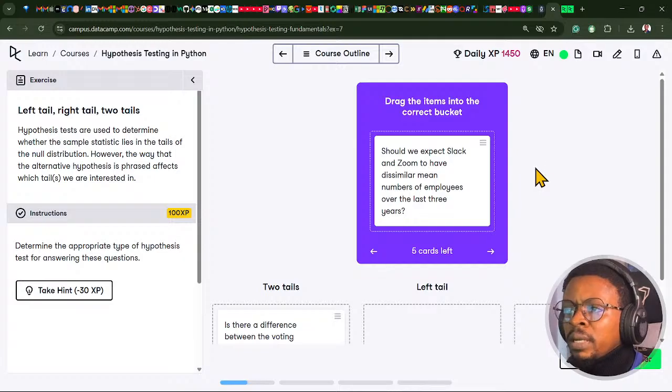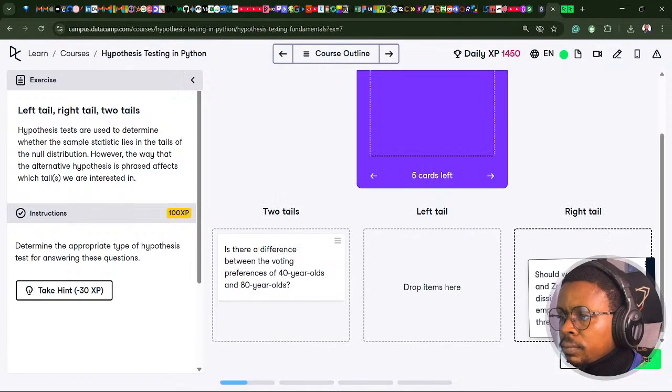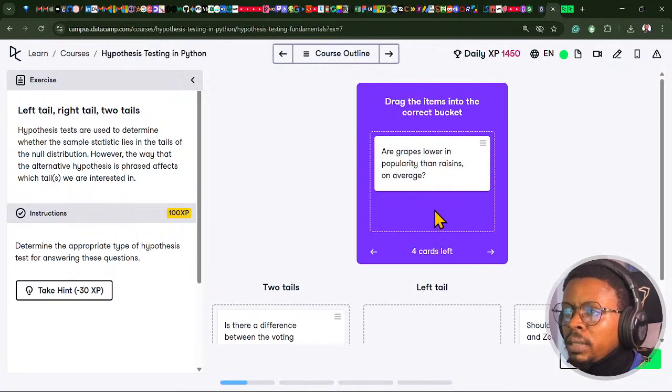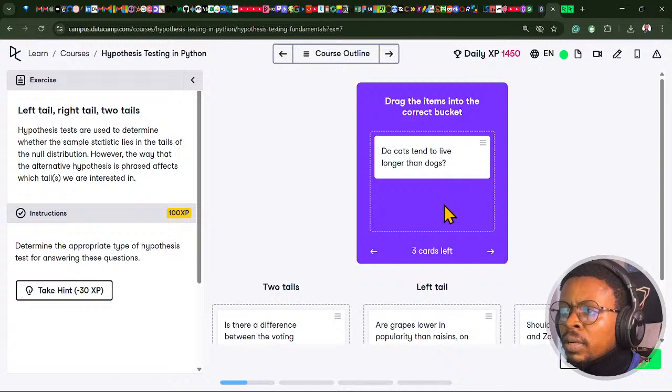Should we expect Slack and Zoom to have similar mean numbers of employees over the last 3 years? Are grapes lower in popularity than raisins on average? Do cats tend to live longer than dogs?